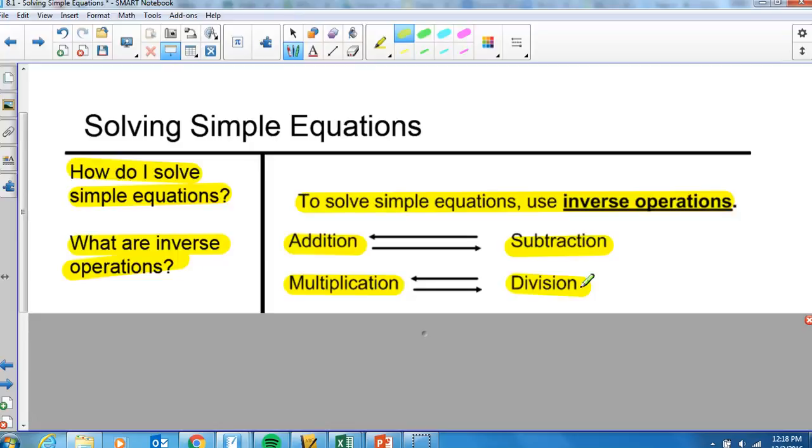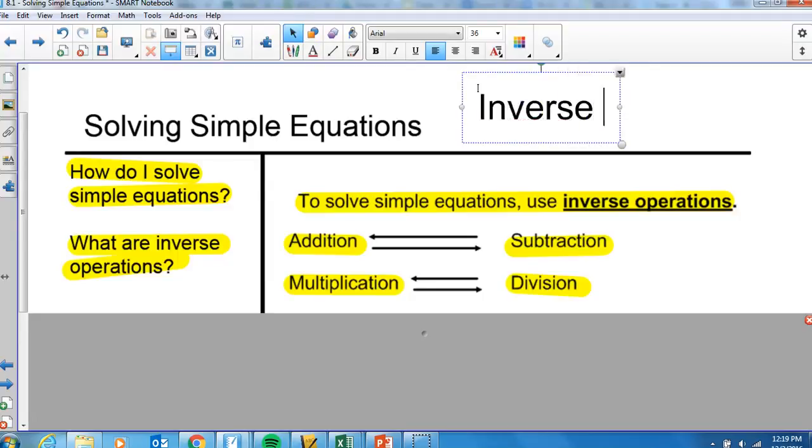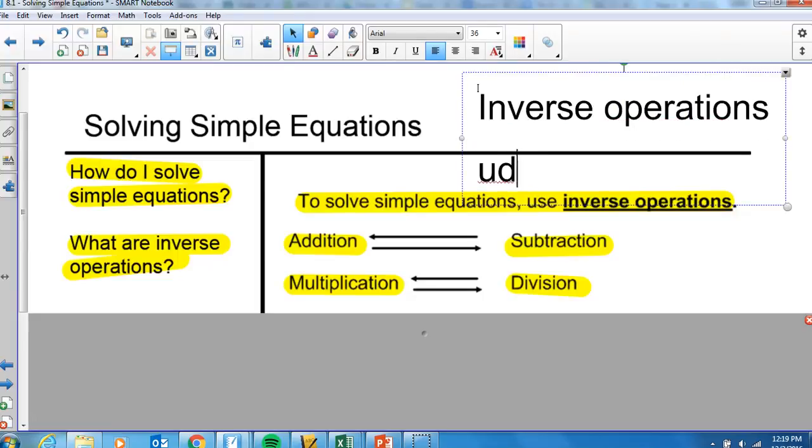So solving equations has to do with what are called inverse operations, having to do the opposite, or how do you undo something. I'm going to use these words sporadically. I may use one one time, and another the other time. So we have inverse operations, we have the word undo, and we have the word opposite for opposite operations.